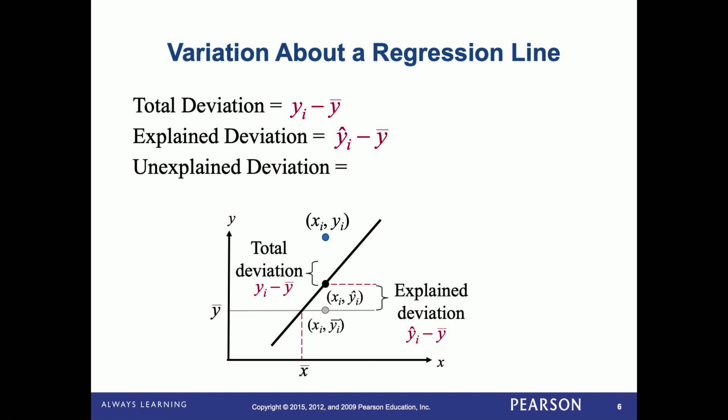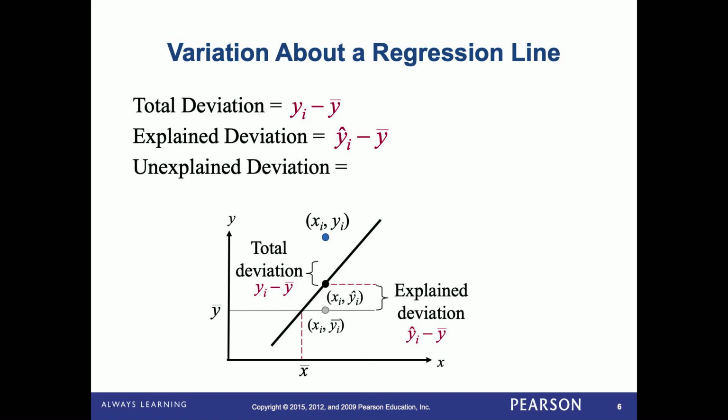The explained deviation is y cap. Now, y cap comes from your calculated y value from your line of regression that you have calculated using Excel or a TI calculator, minus your y average.